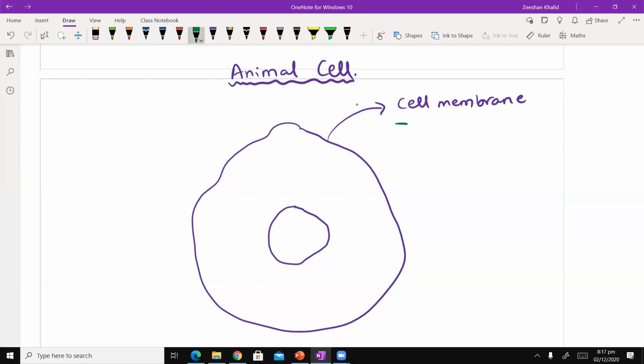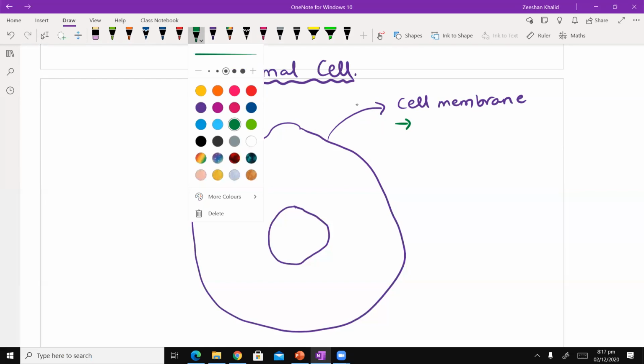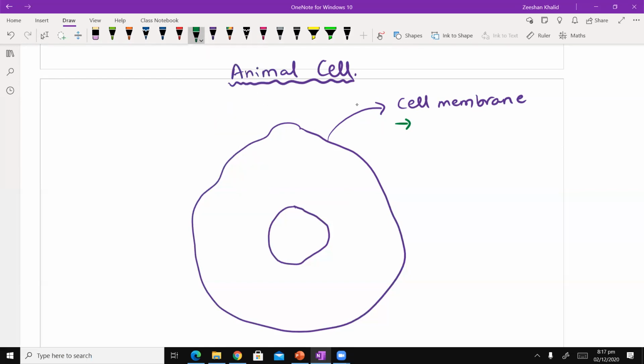The first thing is its chemical composition: it is made up of lipids and proteins. Lipids are fats, just in case you don't know. So that's the chemical composition of the cell membrane.